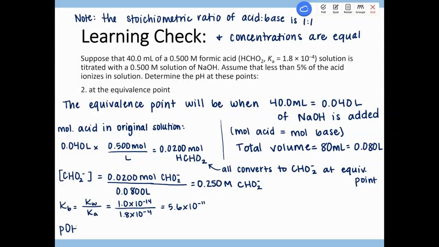Now, pOH, we're almost there. Negative log of Kb, 5.6 times 10 to the negative 11, times the concentration, 0.250 molar.